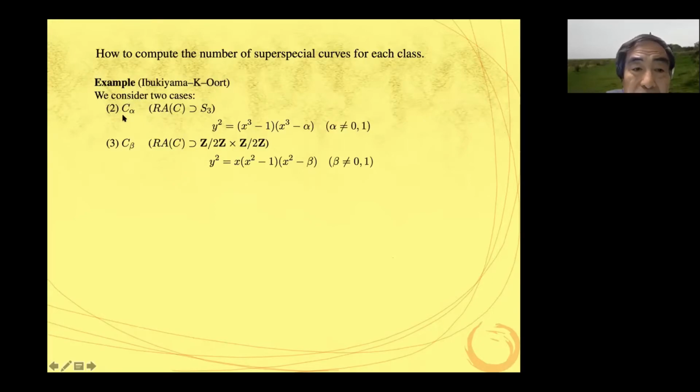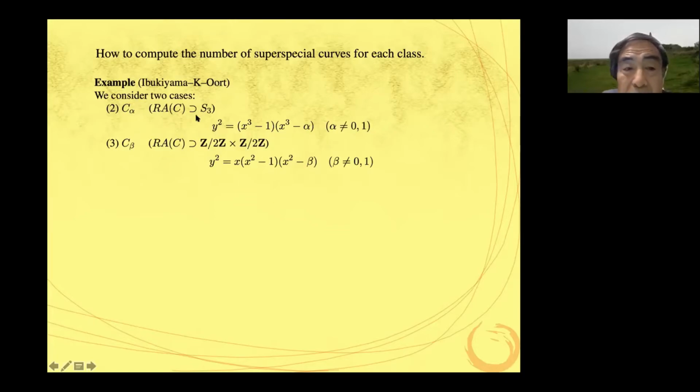The curve C_alpha is a genus 2 curve, whose reduced automorphism group, I should write RA(C_alpha) but alpha is omitted, contains S3, and C_beta is a curve of genus 2 whose reduced automorphism group contains this group.